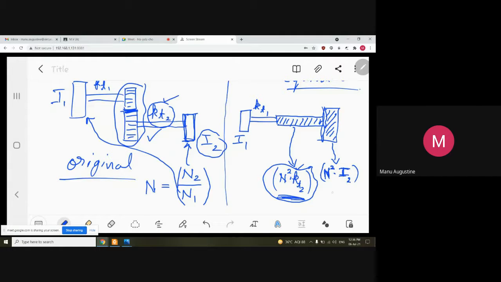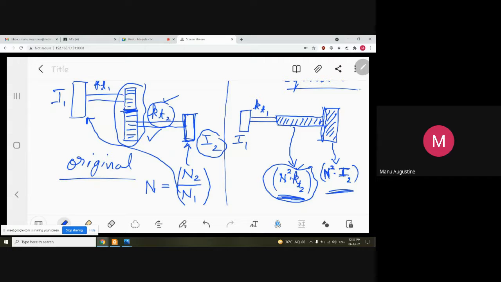So the only thing you need to remember to make the replacements is to select all the elements of the driven side and multiply each parameter with the square of the speed ratio, and you get the new parameter with which the replacement has to be made.